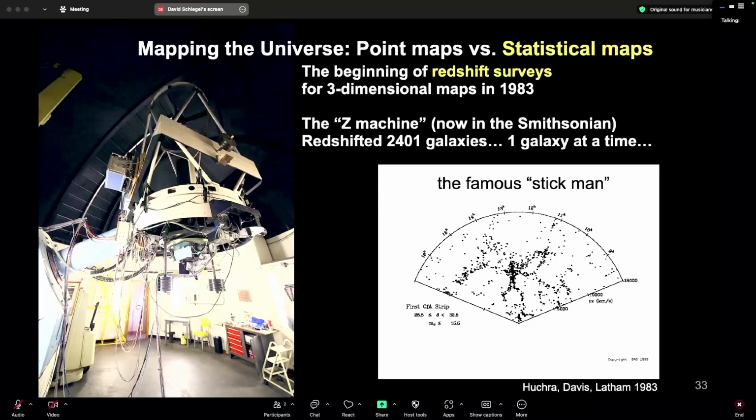And with this telescope, over many years, they made this map of 2,401 galaxies, where they would measure the redshift of 1 galaxy at a time. On a given night, maybe they'd map 10 or 20 or 25 galaxies, very painstakingly. This was done over many years.